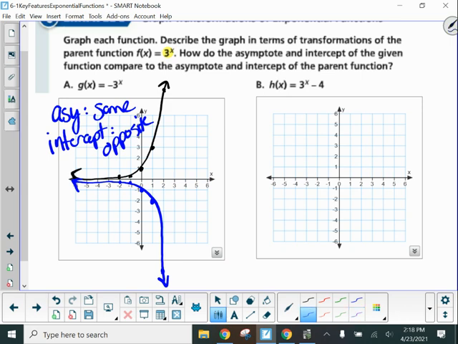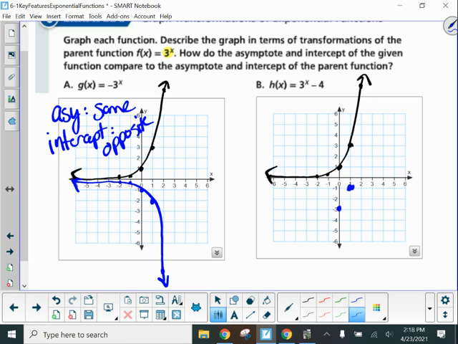So I have the same starting function over here at b. I'm going to go ahead and graph that. So there's my function. And this one has a -4, so I'm going to be taking that graph and moving all the y values down 4. So 1, 2, 3, 4. The 1 moves down to negative 3. 1, 2, 3, 4.